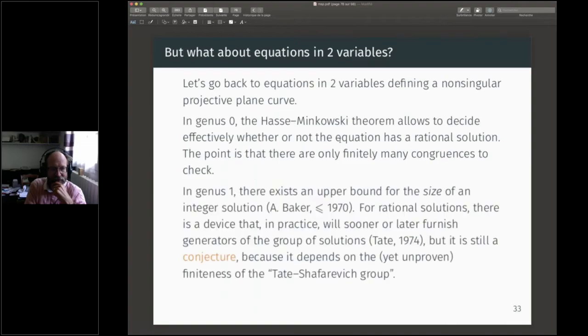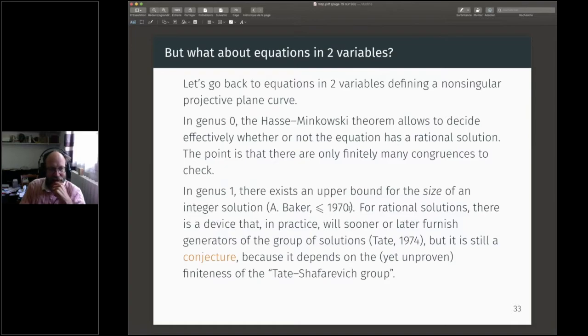In genus 1, there is an upper bound for the size of an integer solution. This is the theorem of Alan Baker, slightly before 1970, and that earned him a Fields Medal. So there is a bound in the same spirit as the initial bound for one equation of any degree.